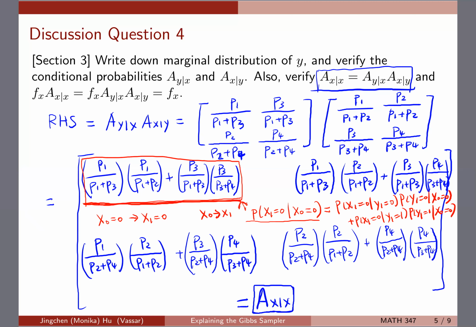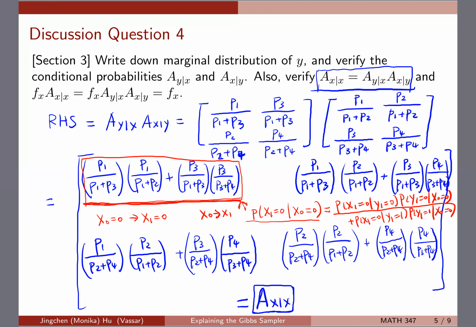This again is the law of total probability. This is the joint of X1 equals 0, comma, Y1 equals 0, conditional on X0 equals 0. The second term is the joint of X1 equals 0, comma, Y1 equals 1, given X0 equals 0.